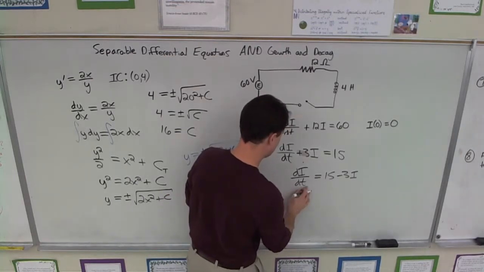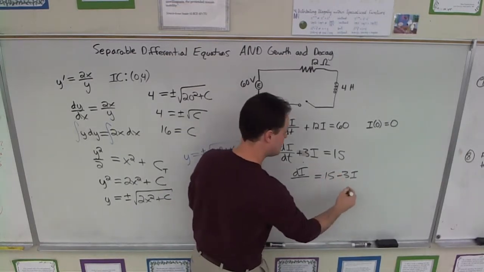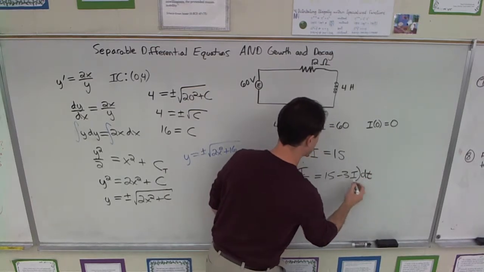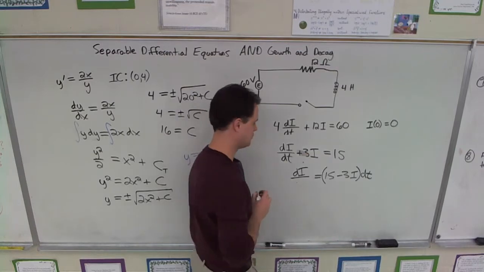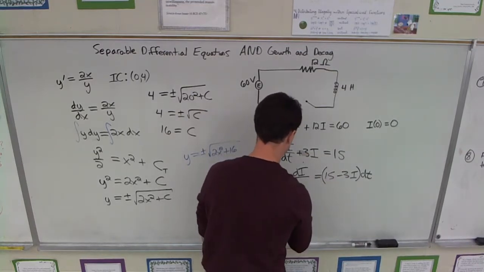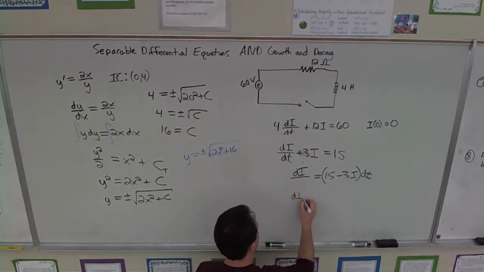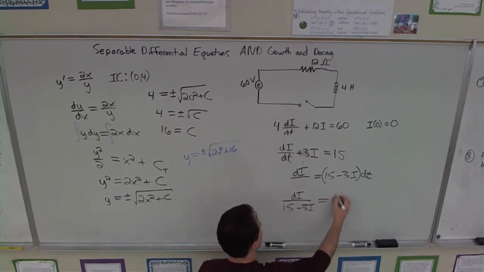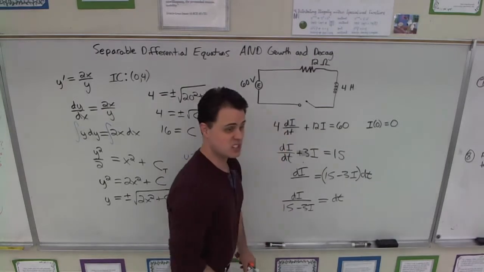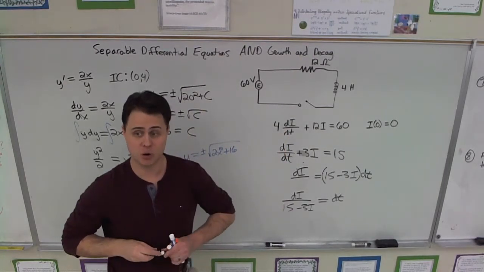Multiply the dt over. Looks like there's 2 pieces and you're not going to get a separation, right? But you can think like that. And then divide this thing to the other side. So I'm going to have di divided by 15 minus 3i equals dt. That is indeed separated, even though it looked like it wasn't going to separate.